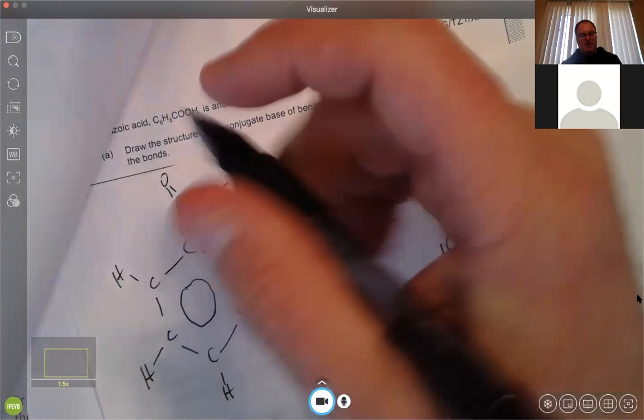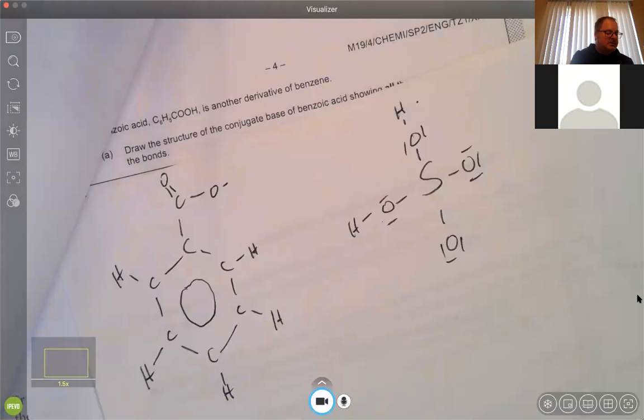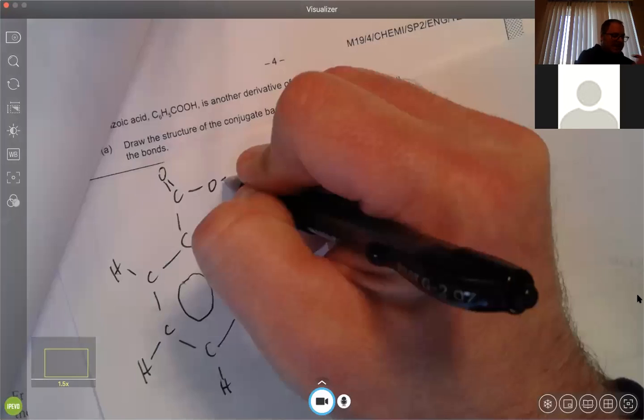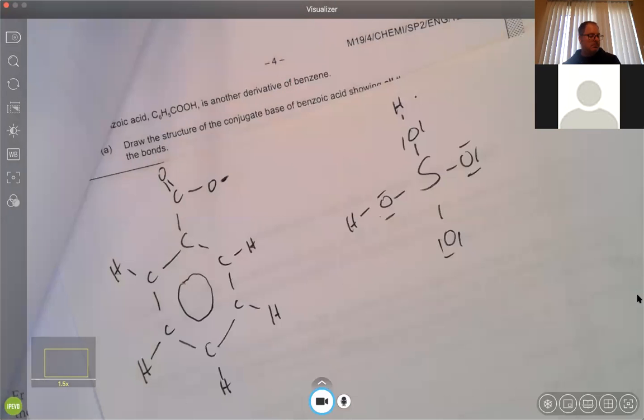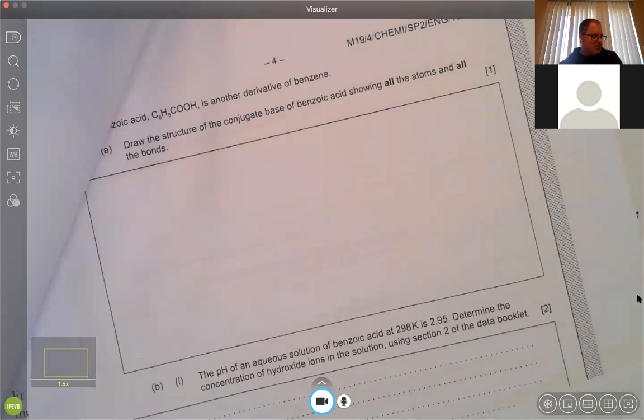If it loses an H, that means it lost its positive charge. So this O then becomes negative. You remember how to find pH and pOH and all that?